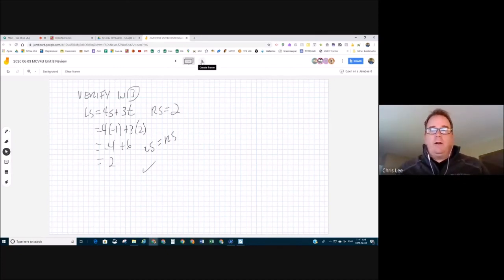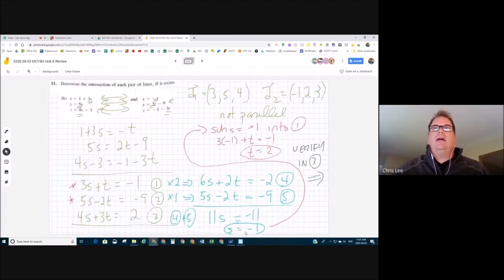Now I actually got to figure out what that point is. So I can now take either s or t and sub it into the first or second. Of course, the s would go in the first, the t would go into the second to find your corresponding answer.